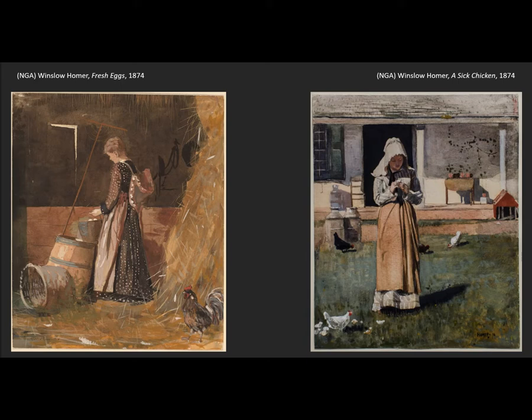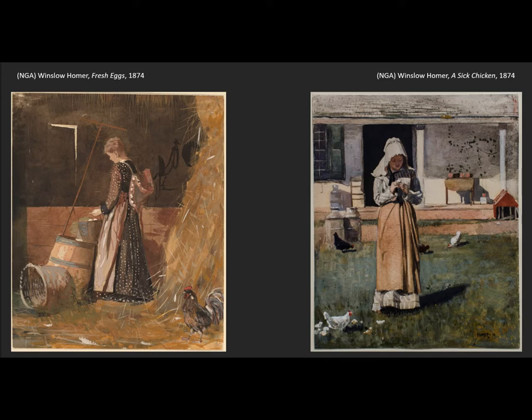Lots of images of farm life that don't have anything to do with romance and courtship have to do with sort of dutifully fulfilling your daily chores, farm maid gathering eggs from the barn on the left, another tending to a sick chicklet on the right, all about sort of proper activities and a sort of a virtue in a job well done, in the care given to the works.